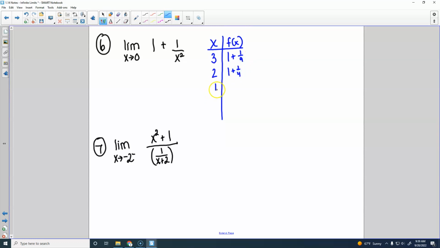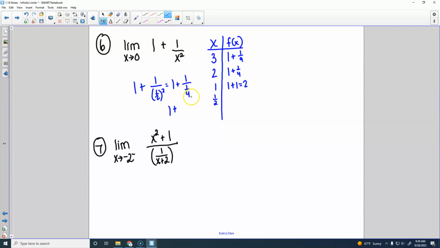If I plug in 1, I would get 1 plus 1, which is 2. Let's do like 1/2. So if I've got 1 plus 1 over 1/2 squared, that is 1 plus 1 over 1/4.